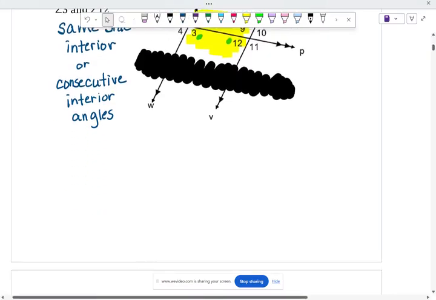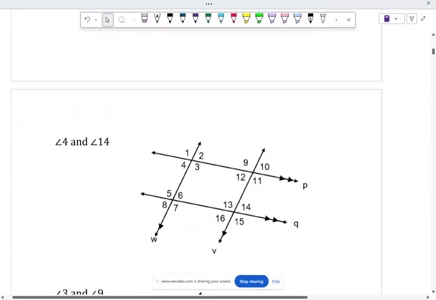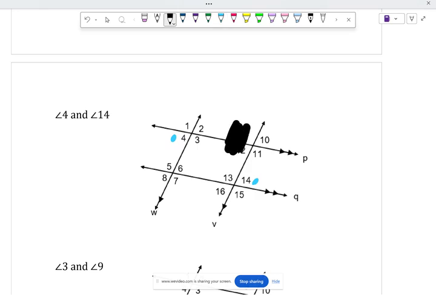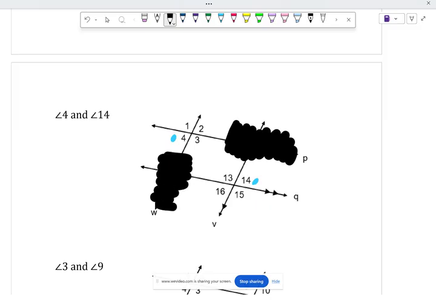Okay, part 3 of question number 1, we have to identify the relationship between angle 4 and angle 14. There is no one line that I can get rid of to be able to focus just on angle 4 and 14. I would have to get rid of part of 2 different lines.